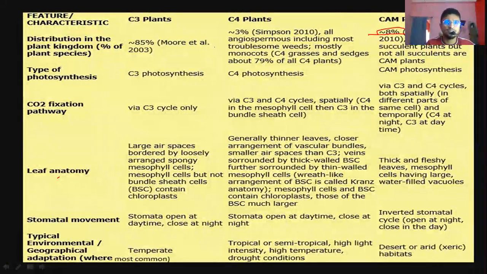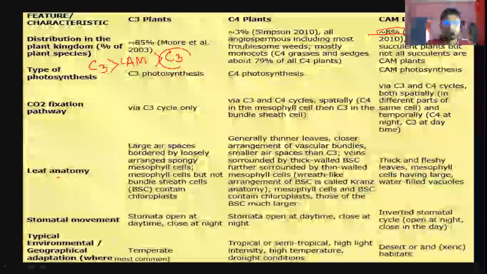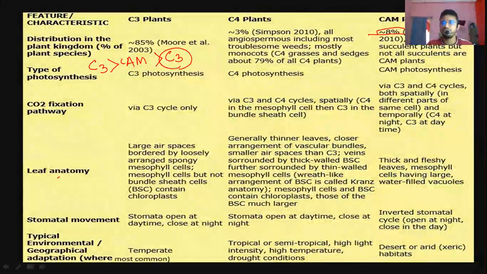So statistically 85% is the most, C3, then some are CAM, and in some cases C4. It can change a little bit in different places and conditions.